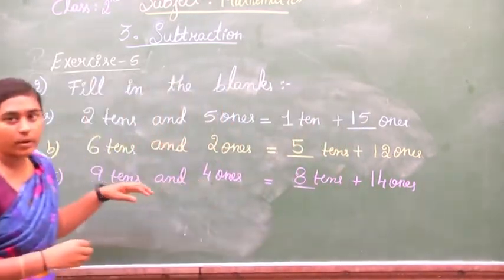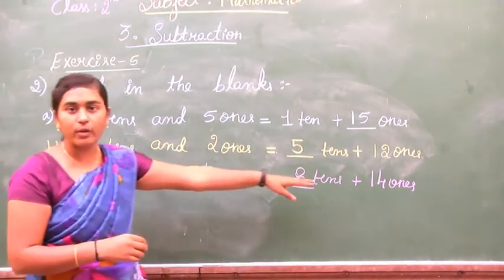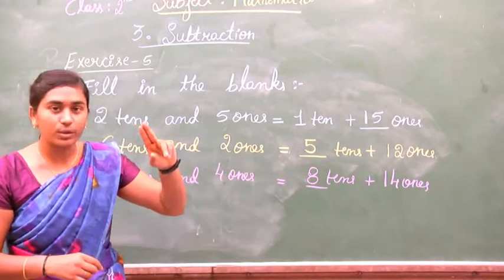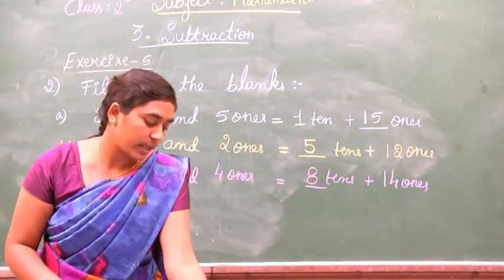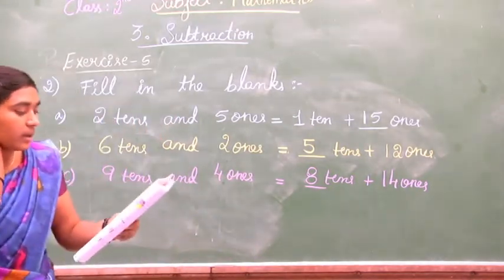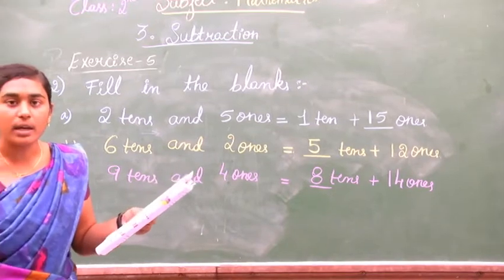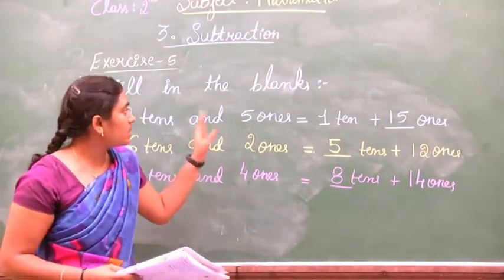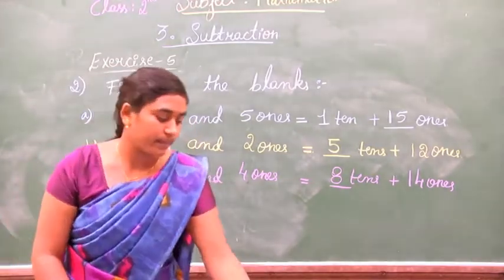So 9 before is 8 and 4 becomes 14. Like this you need to regroup, and the next 2 questions I leave to you so that you can solve, and I will move on to the next topic, which is subtraction of the numbers with the help of this regrouping.